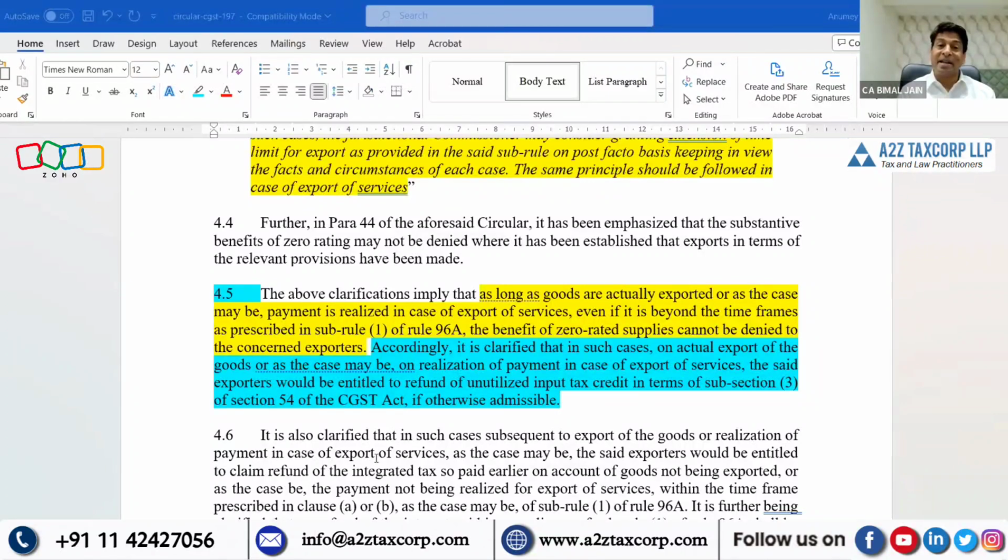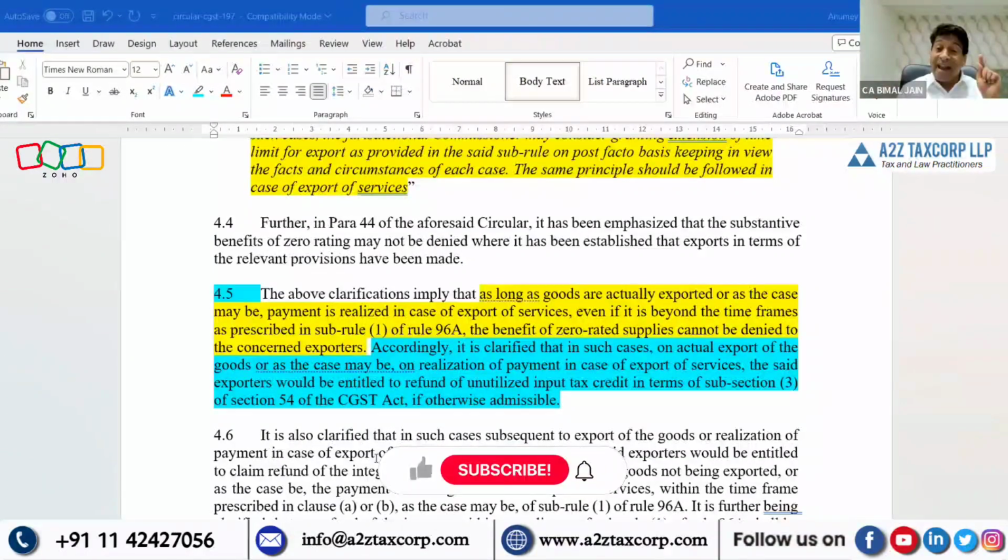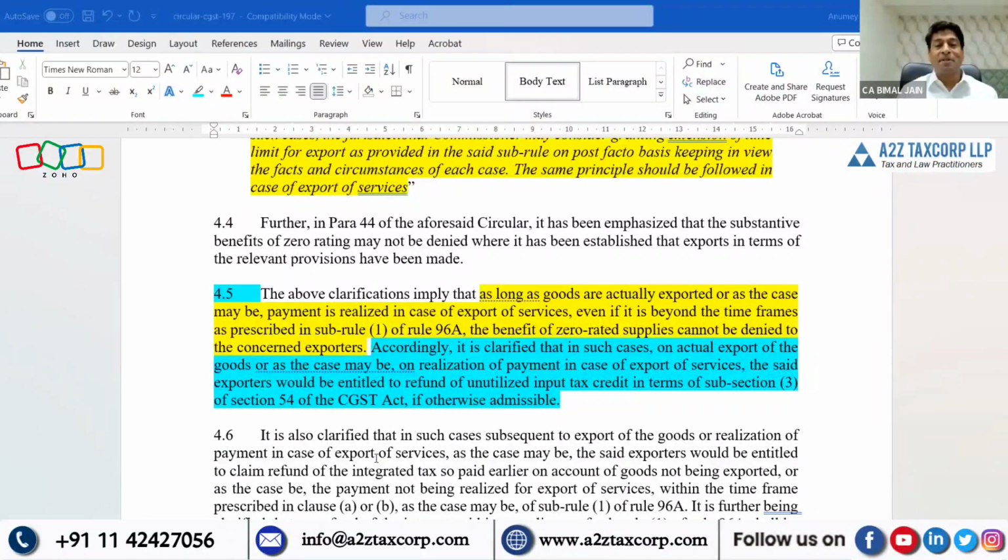to the concerned exporter. Accordingly, it is clarified that in such cases, on actual export of goods, or as the case may be, on realization of payment in case of export of services, said exporter would be entitled to refund of unutilized ITC in terms of sub-section 3, section 54 of CGST Act, if otherwise admissible.